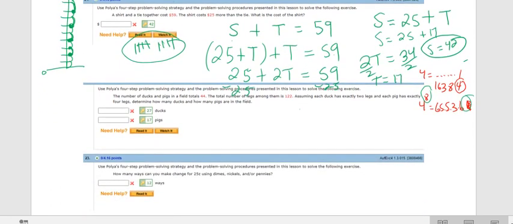Okay, the next one, the number of ducks and pigs totals 44. So here, one way you can do it is just draw 44 circles.